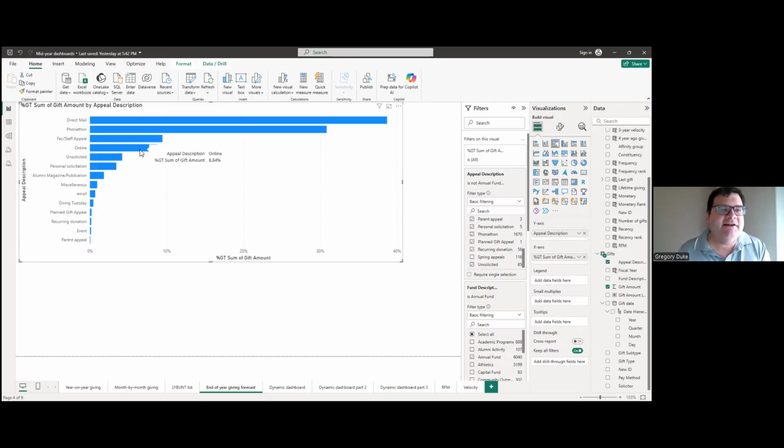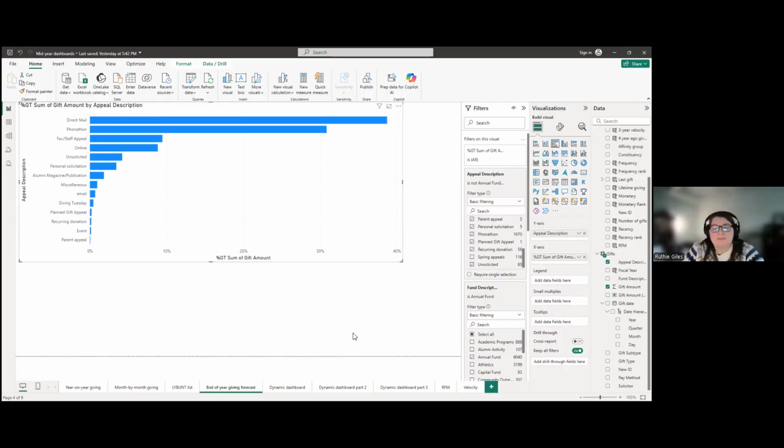Does that mean our online giving is not as good as it could be? Does it also mean that we're just not getting a lot from our annual alumni magazines and publications? People just not giving that way anymore? It's possible, and those are some things we can start researching.